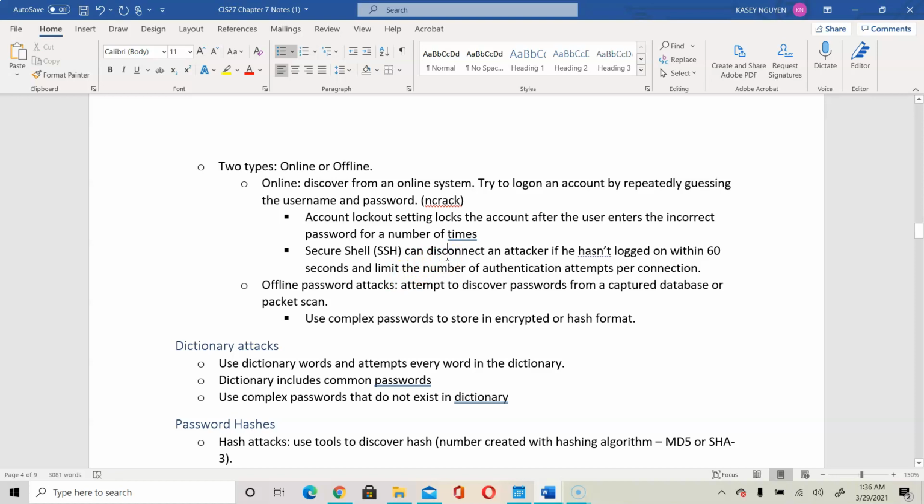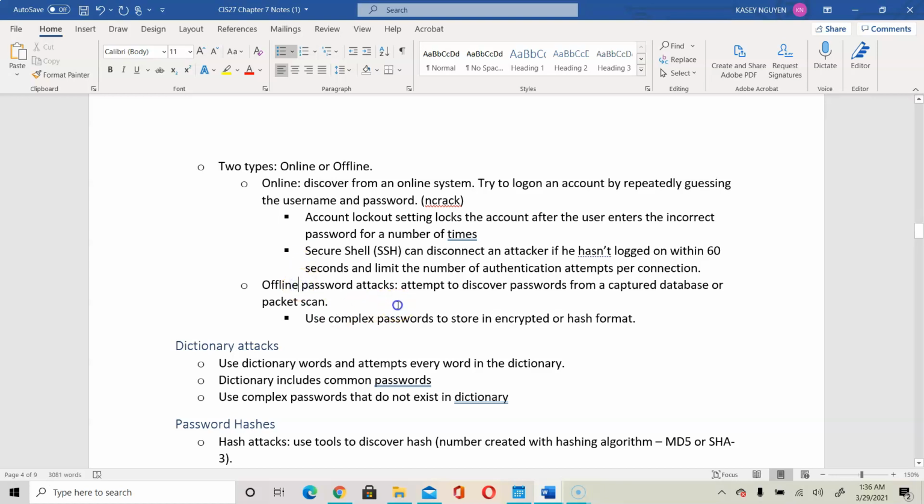Now in the second bullet here, it talks about how Secure Shell can disconnect the attacker if he hasn't logged in within 60 seconds. And that would limit the number of authentication attempts per connection. So using Secure Shell for connection would put some restriction on the attacker. And again, all we're doing is buying a little bit of time there. Okay.